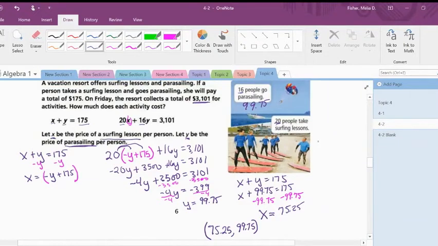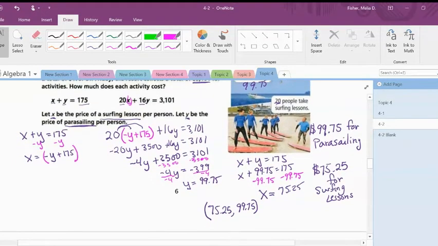So we will say that it is $99.75 for parasailing and $75.25 for surfing lessons. Of course, now's when you should pause your video, do the try it on the next page, and then come back and check your answers.